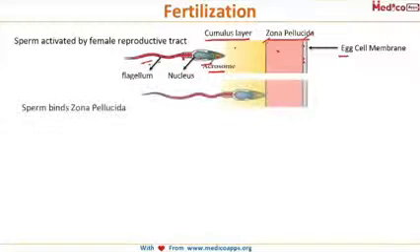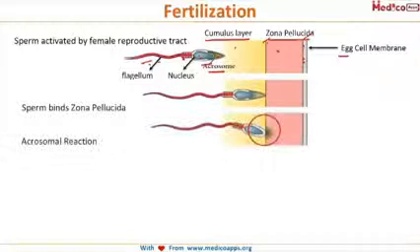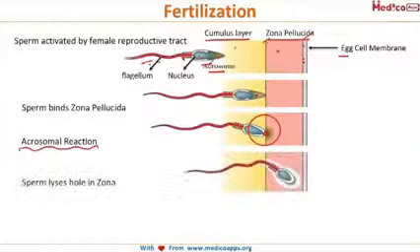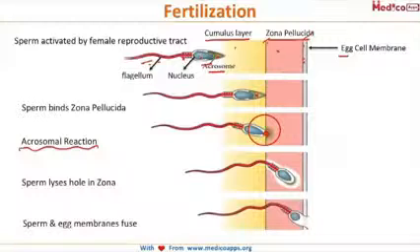This sperm crosses the corona radiata and attaches itself to the zona pellucida. It causes the release of enzymes from the acrosome of the sperm and this is acrosomal reaction. This causes lysis of the zona pellucida, allowing the entry of sperm into the secondary oocyte, and then occurs the fusion of the sperm and the egg.